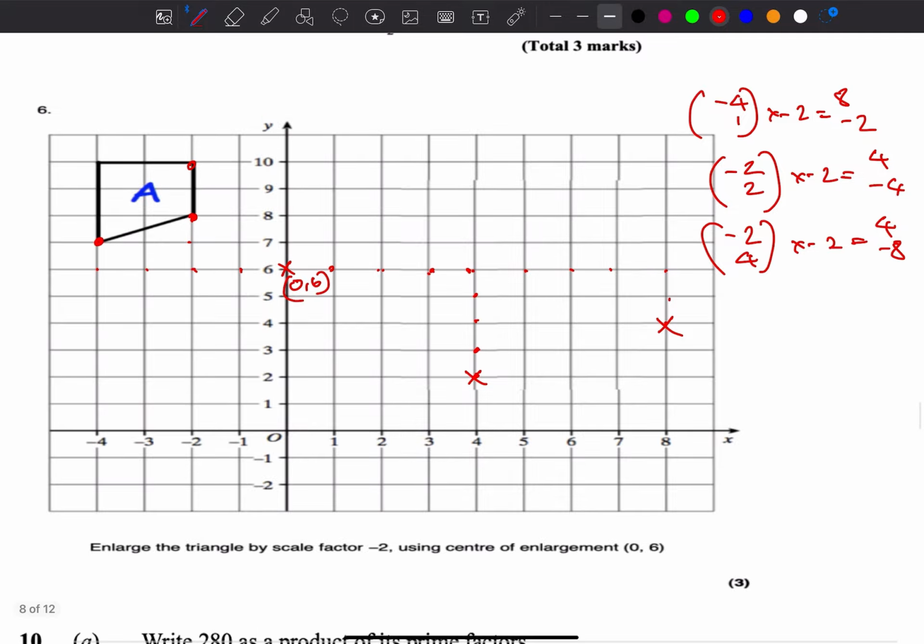You go 4 and minus 8, which is here. This one, you go 4 left, 4 up, minus 4, 4, times by minus 2, 8, minus 8. So you go 8 right, 8 down, which is here. There you go. Should look more or less like that. Okay.